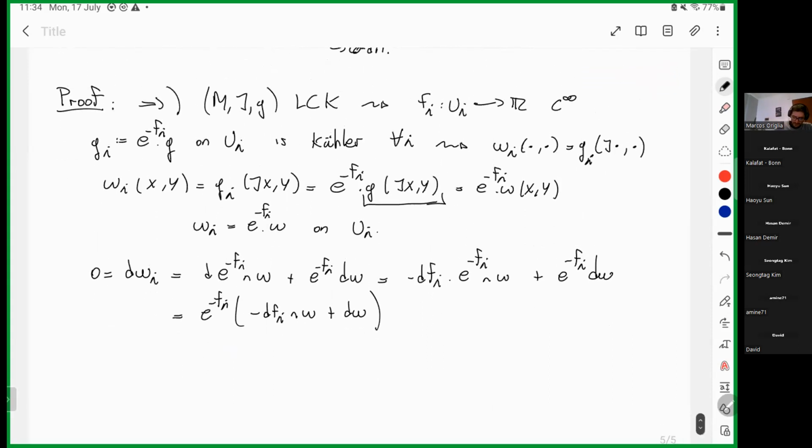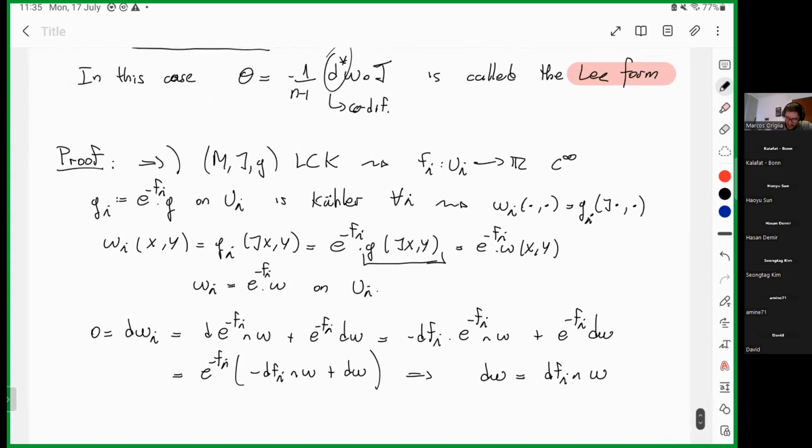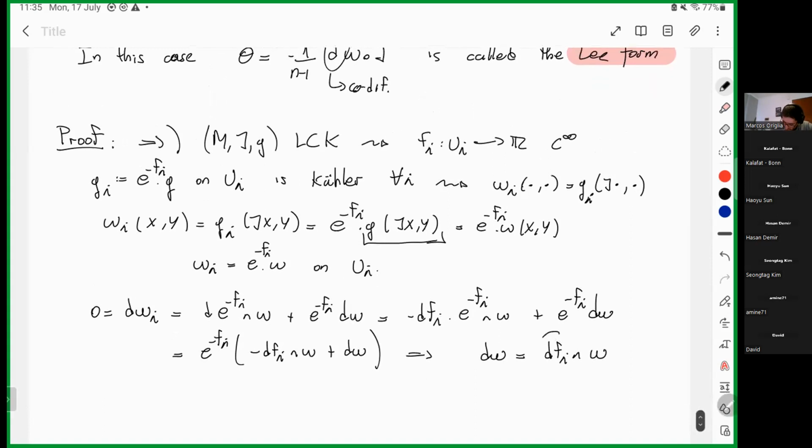And since this has to be 0, we have that d omega is exactly df_i wedge omega, right? So here we can already see who is our candidate for the Lee form. It should be this df_i.